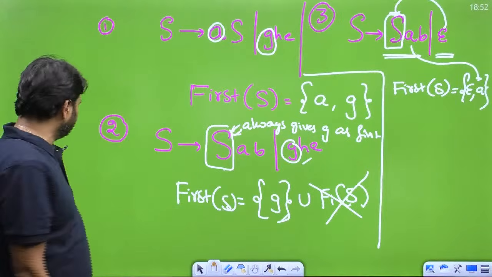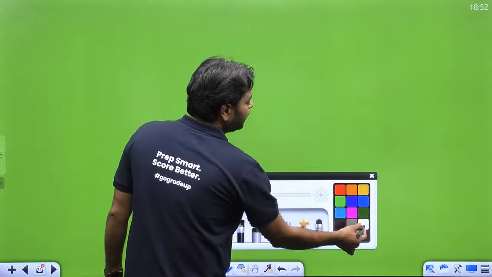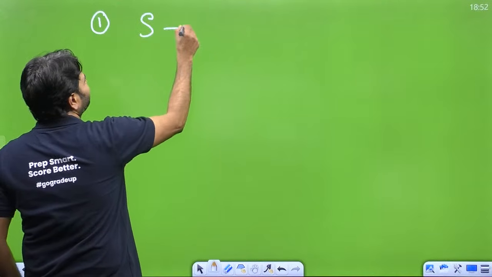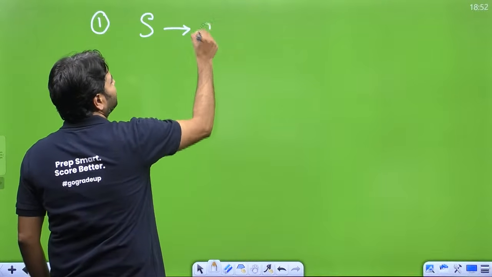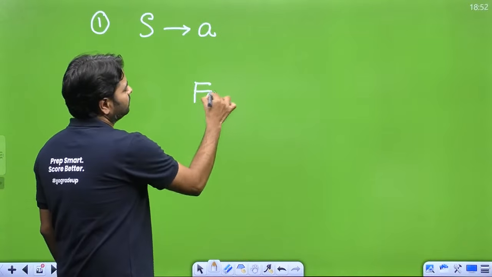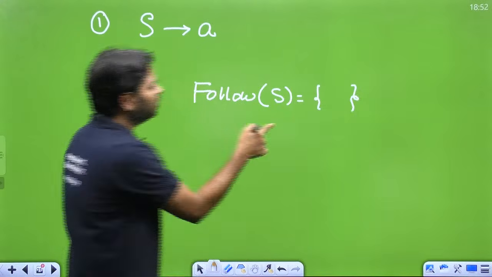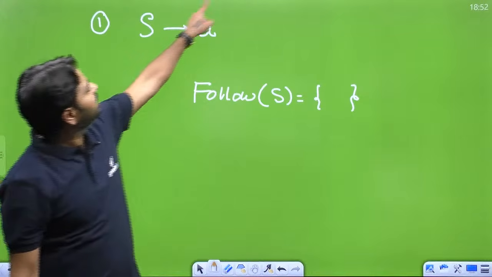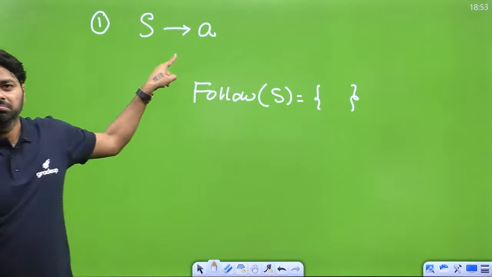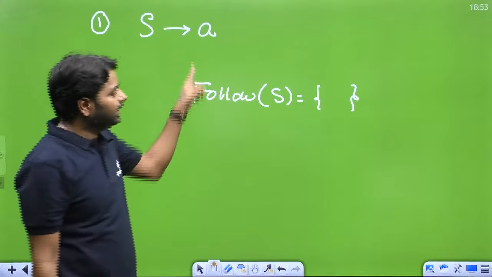Let's go to the follow set. In the follow set also we'll see three interesting questions. Now, I want to compute the follow of S. What do you get? Is there any S in the RHS?